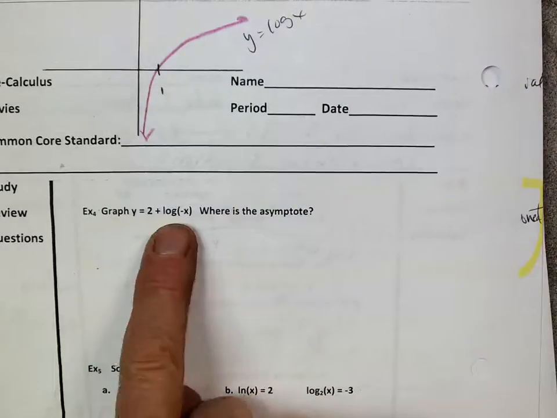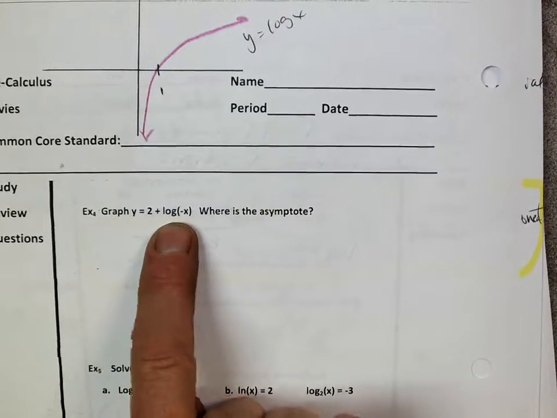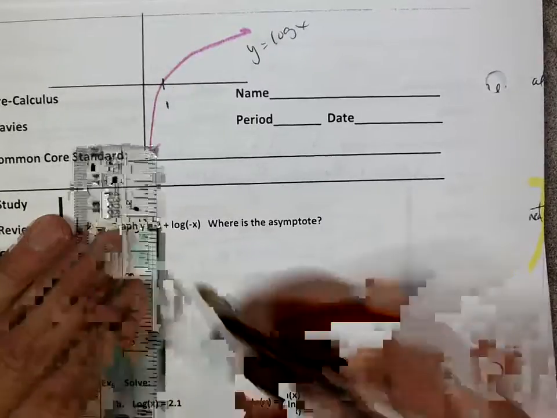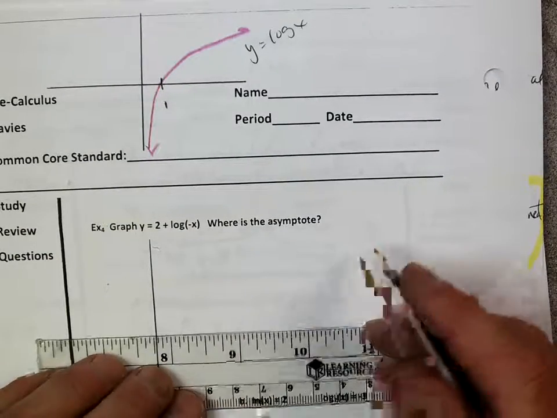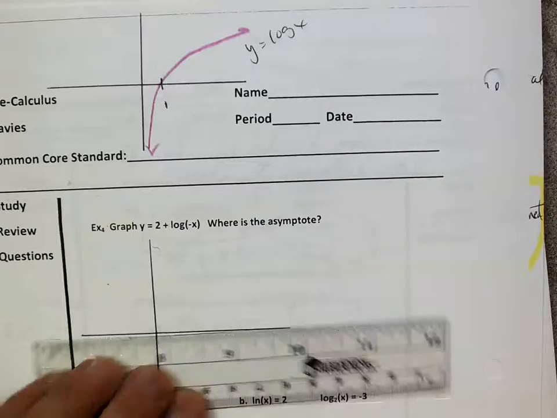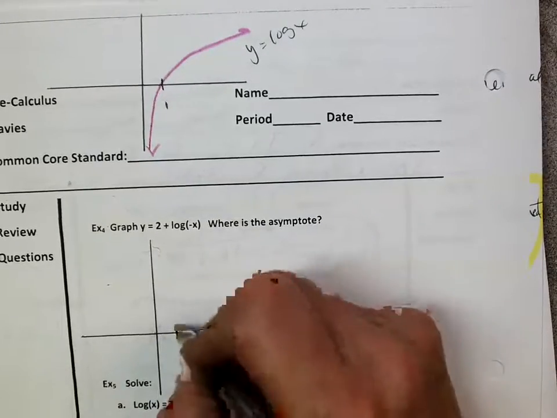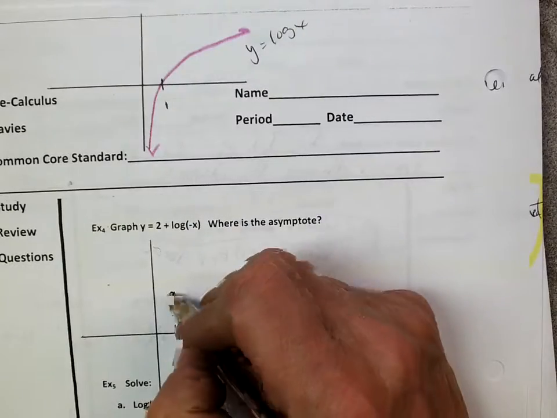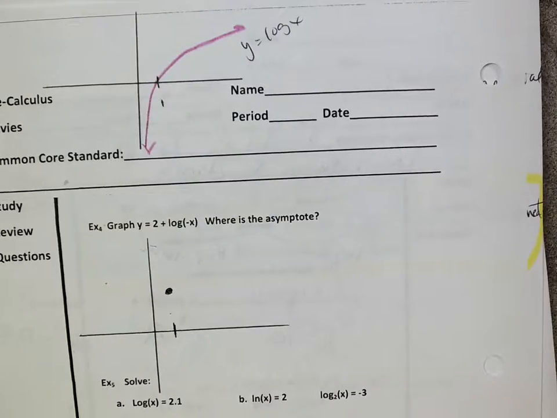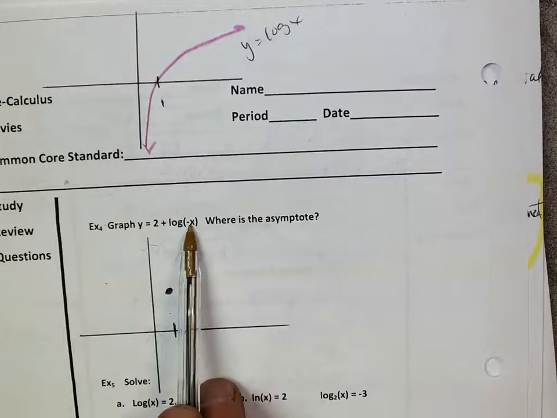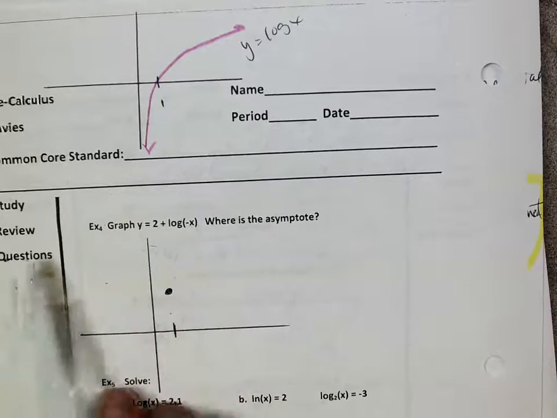So how am I going to graph this one? Anybody have any suggestions? Plug it into the calculator. That will work. Up 2, yes. So if I go up 2, this bend point is going to be here. Up 2, totally right, Will. And then what else? It goes the other way. It does. It goes that direction.